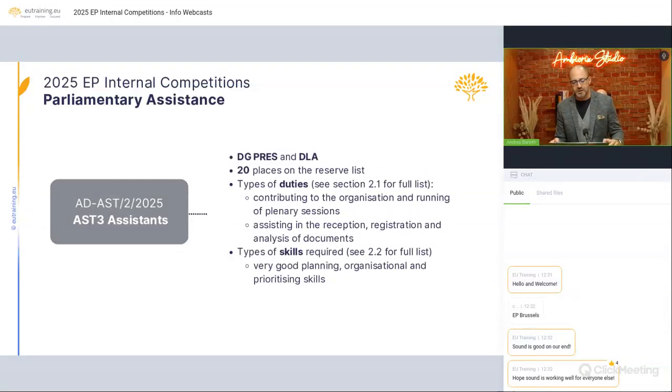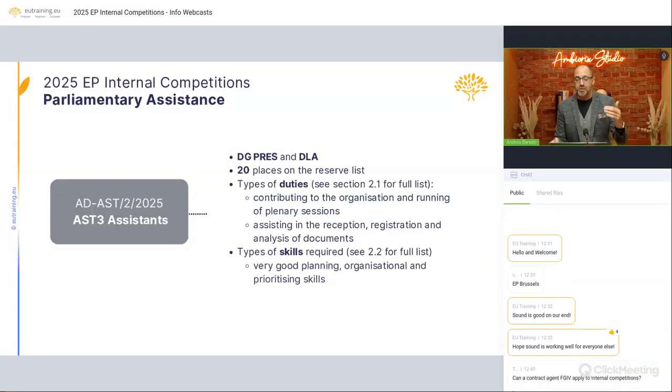So it can be on assisting registration, analysis of documents, assisting the lawmaking, essentially preparing the plenary sessions, and various other parts in the procedure or in the process, where the emphasis really is on organizing skills and planning and prioritizing skills. Now, this one is going to be quite relevant when we talk about the different competencies that are being measured by the various exam components.